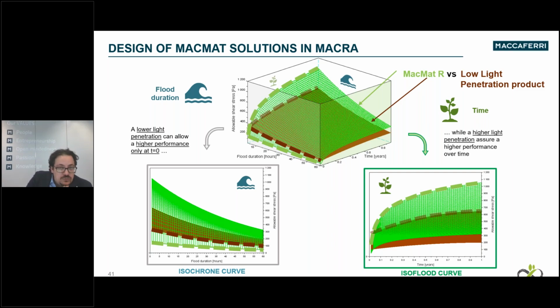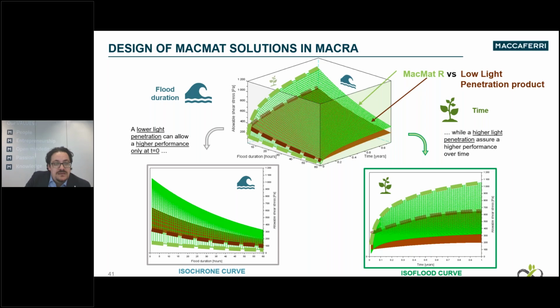So in this comparison, we have in green our MACCAFERI and in brown another product with a low light penetration index. As you can see at time 0, this material could perform a little bit better in terms of allowable shear stress, but with the time and also with the degradation, its performance decreases.